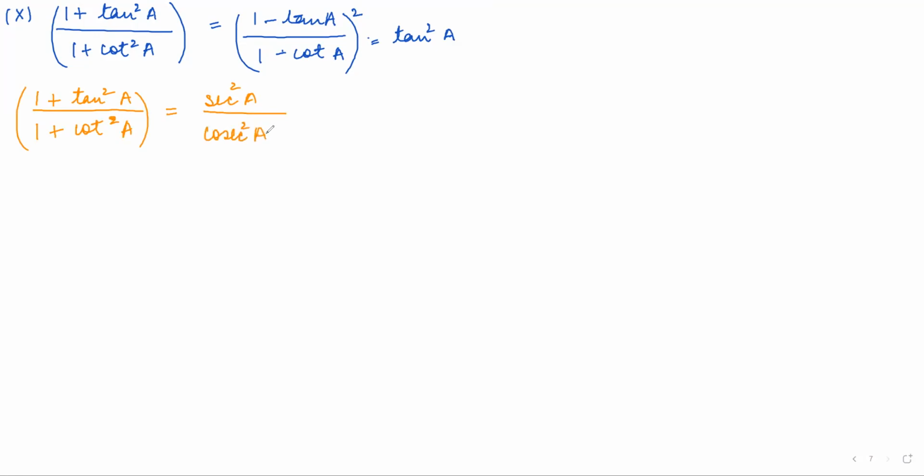Okay. So sec is 1 upon cos, correct? 1 upon cos square A by, what can I write? By 1 by sine square. Very good. Now this will become like 1 upon cos square A and the denominator fraction will become inverse.